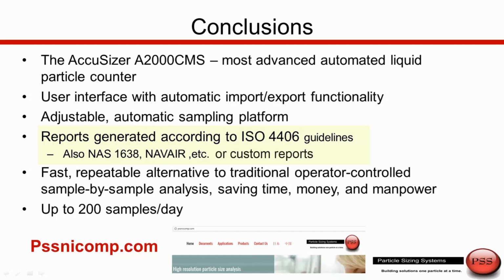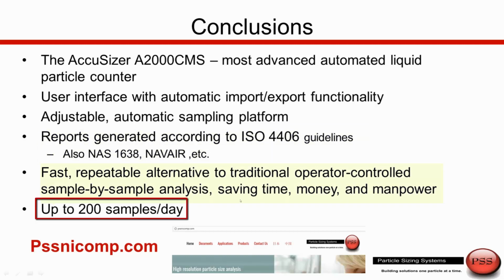And since these reports can be customized, if customers actually have their own specific requirements, they can use HTML code to customize the reporting to their specific requirements. So this is a fast, easy way to just burn through a lot of samples, up to 200 samples per day. Very easy to operate, but certainly we, of course, come on site to make sure the people who are using this tool understand how to use it and help them use it in their application to optimize their results.